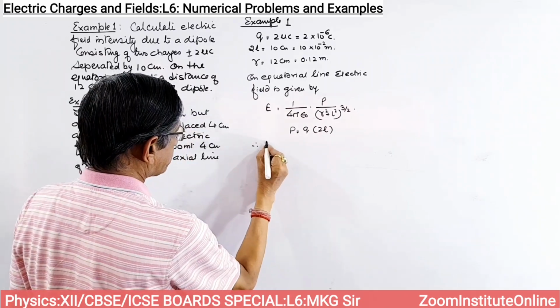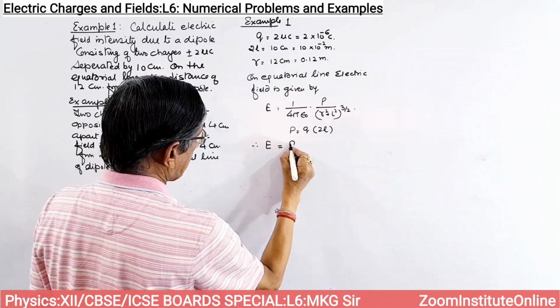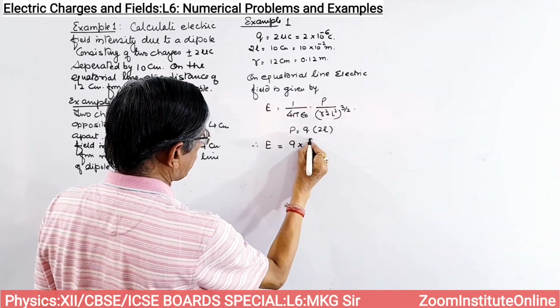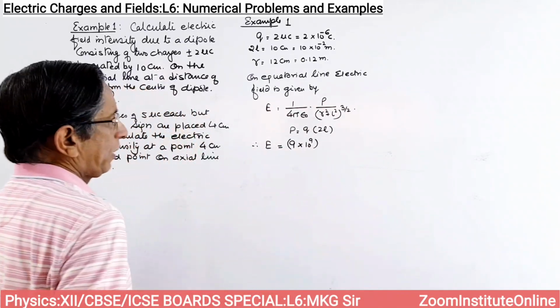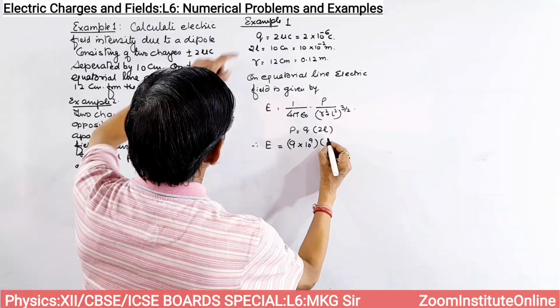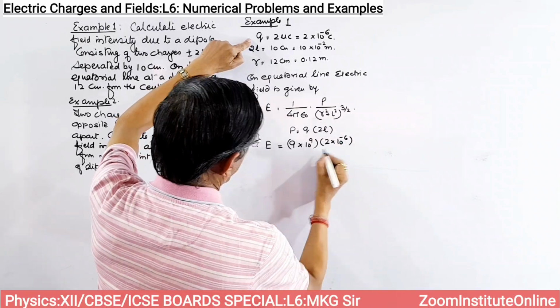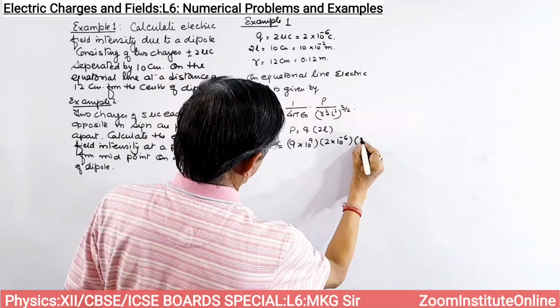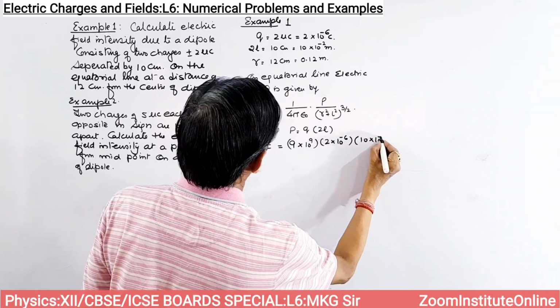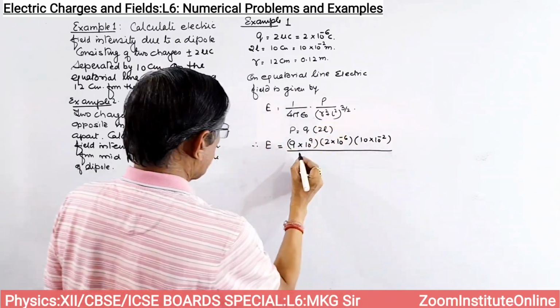So, students, 1 upon 4 pi epsilon naught equals 9 into 10 to the power 9. Now, I am going to place the value of P. P is equal to Q into 2L, that is 2 into 10 to the power minus 6 into 10 into 10 to the power minus 2, upon R square.